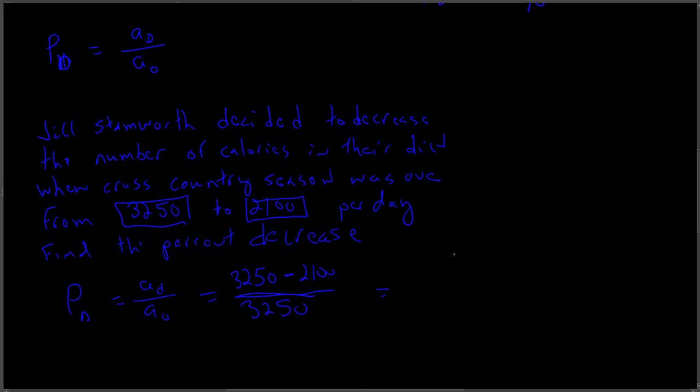We do the subtraction upstairs, and we get 1,150 divided by 3,250. I run to my calculator, again keeping 4 decimal places. But as a percent, I'll move the decimal over 2 places, and I get 35.38%. And so these are some examples of applications using percentages.